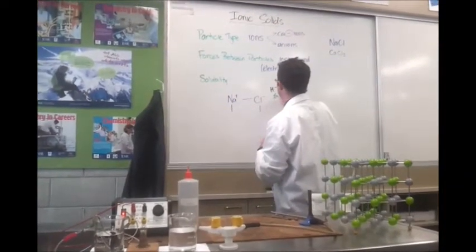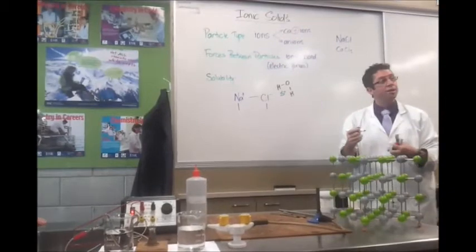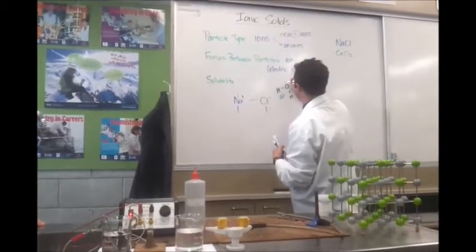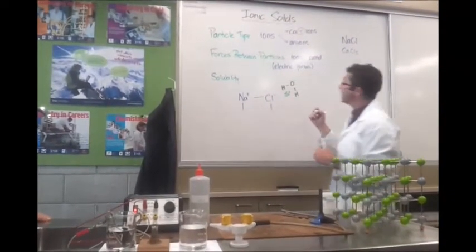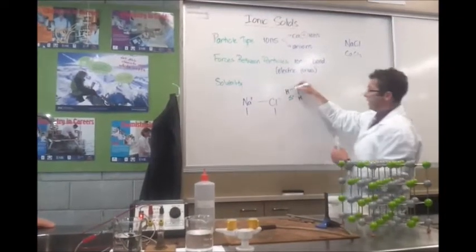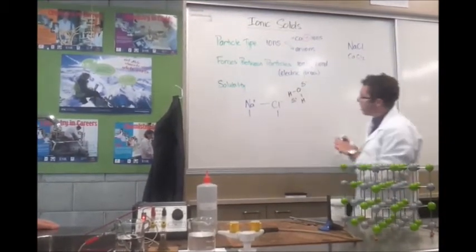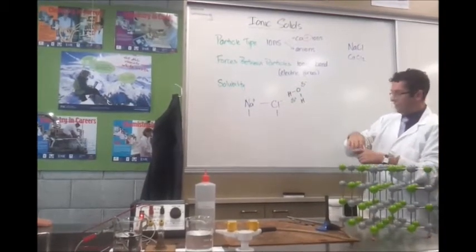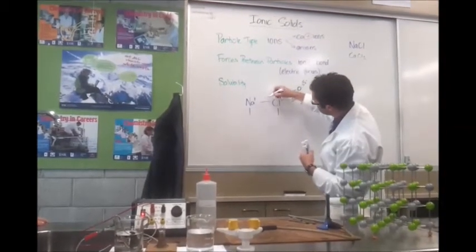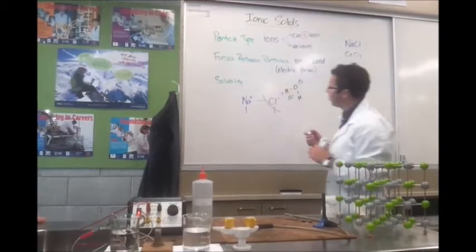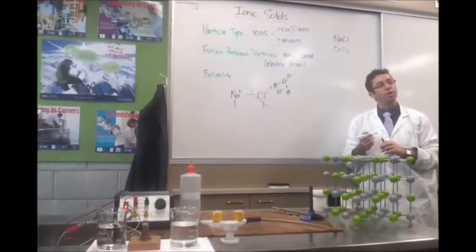And you'll find out more about that when you learn about molecular solids. And the oxygen side has got some lone pairs of electrons there, and also it's what we call a very electronegative element. So it's delta minus. So this hydrogen side can actually attract the chlorine and pull it into the solution, breaking it away.